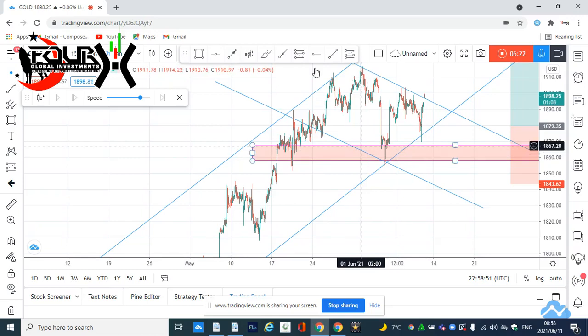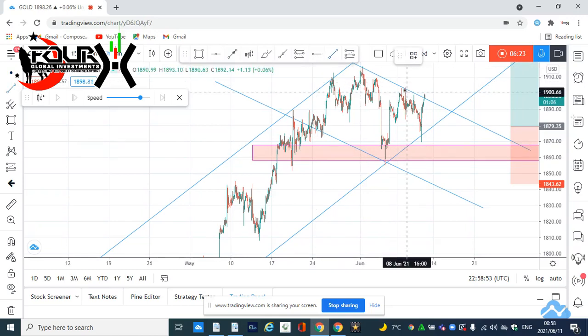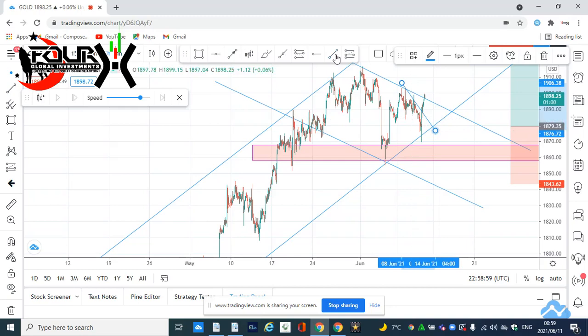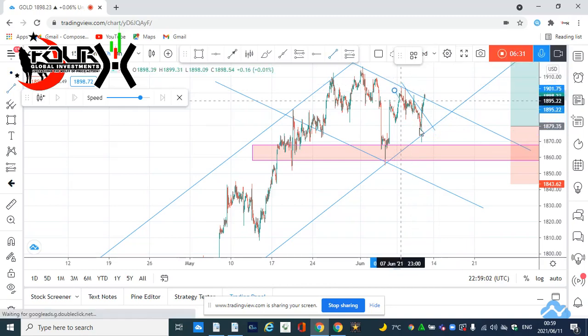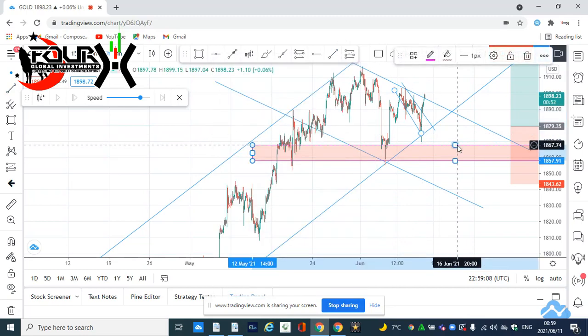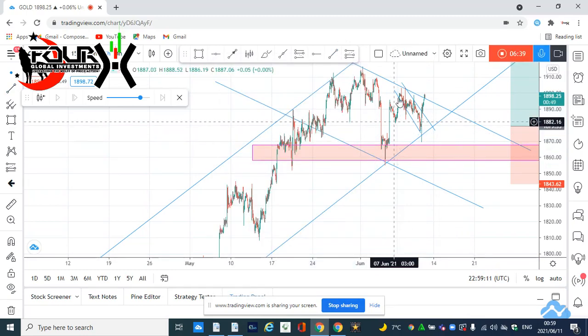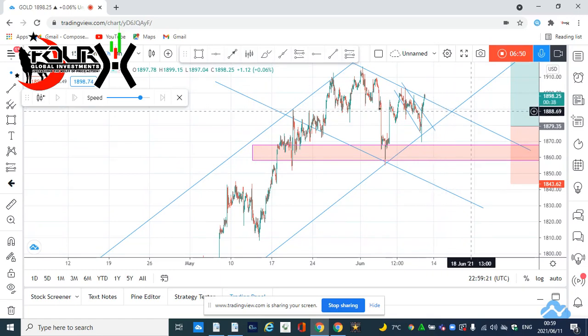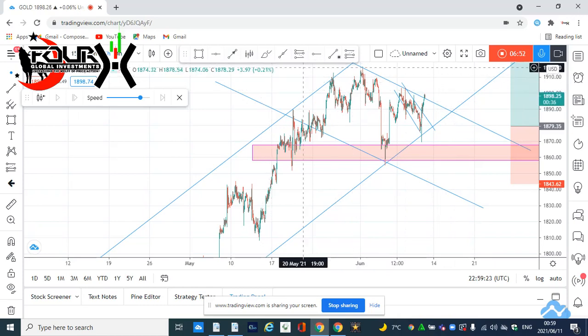What are the patterns telling us? In the patterns, we are going to say, okay, look, here we are able to identify this structure. We're able to see that there was an impulse here, there was a long correction, and then there's an impulse. We're expecting what? A correction to somewhere here, and then from there we're able to make an entry at this level.